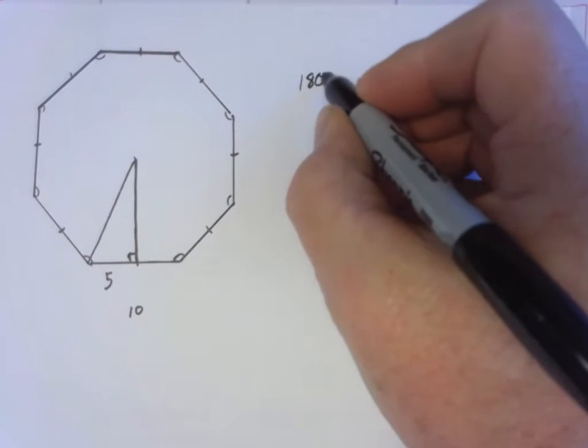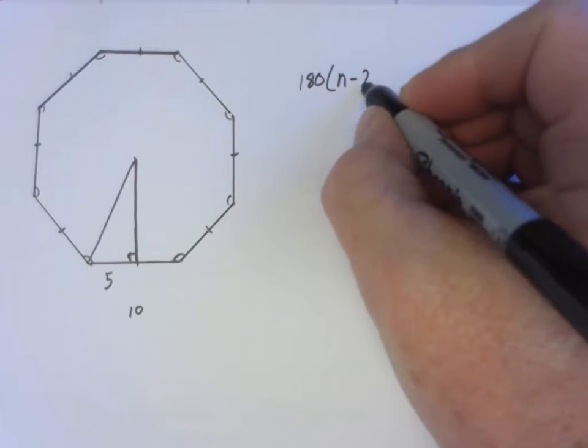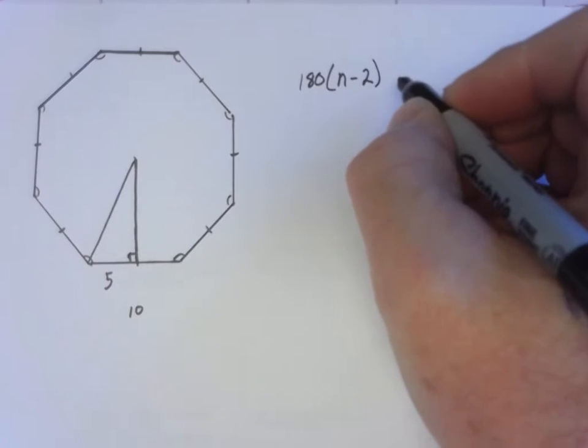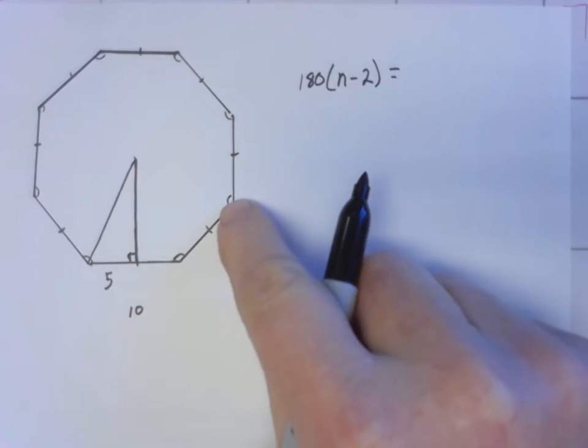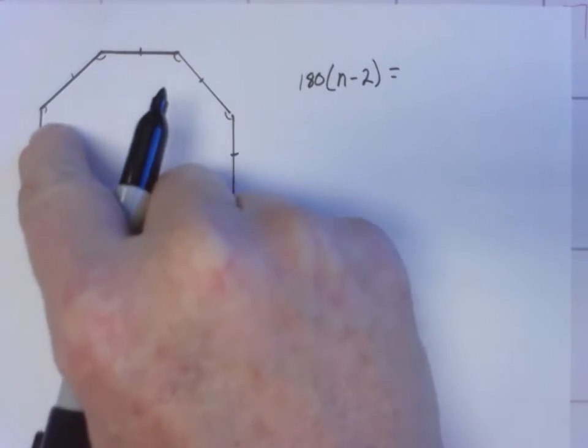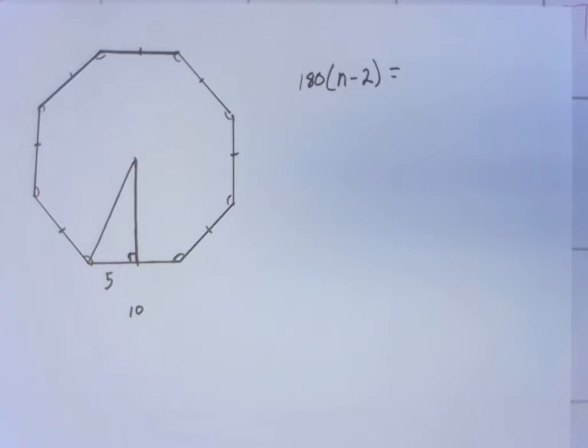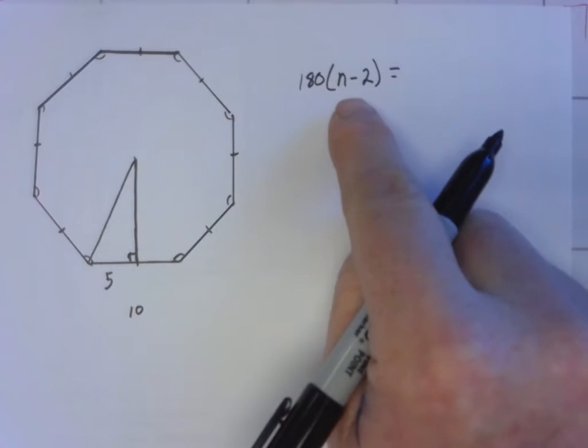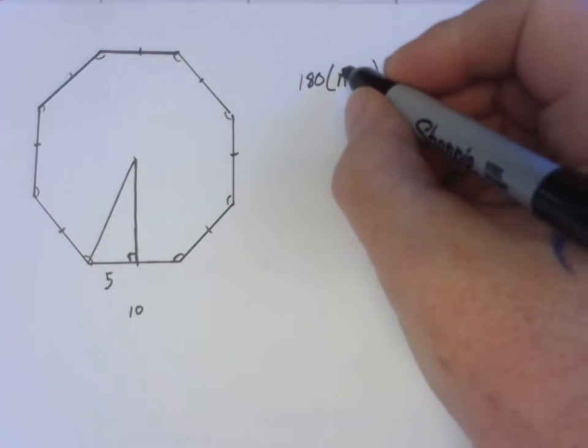We know that 180 times the number of sides subtract 2 is the sum of all the interior angles in any convex polygon. So in this case we have 6 sides.